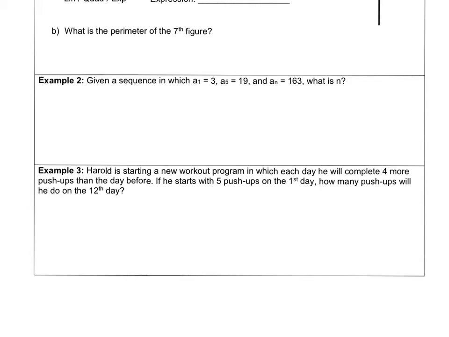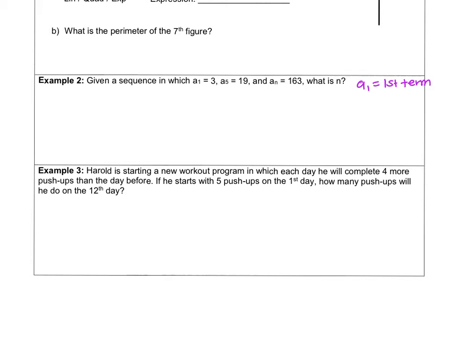What you need to know is that a sub 1 means this is my first term. This is going to be a common thing that you see throughout Unit 16. That sub number doesn't have any numerical value like an exponent. What it means is the first term. So a sub 5 would mean that's the fifth term.